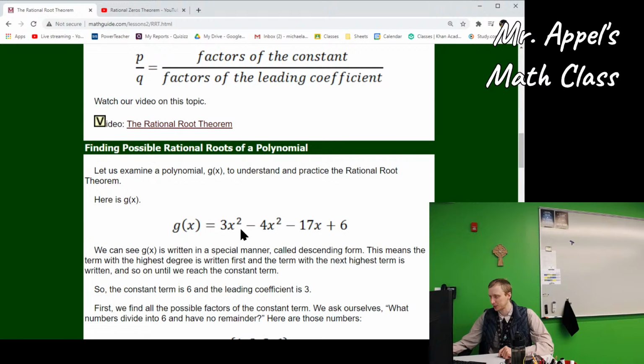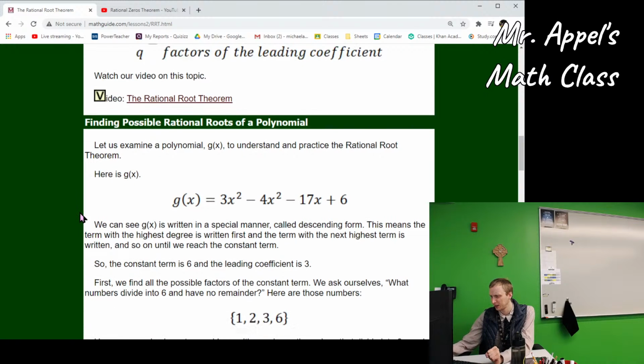Yeah, pretend this is actually a cubic here. Can't trust anybody on the internet. All right. Got it. Let's go.